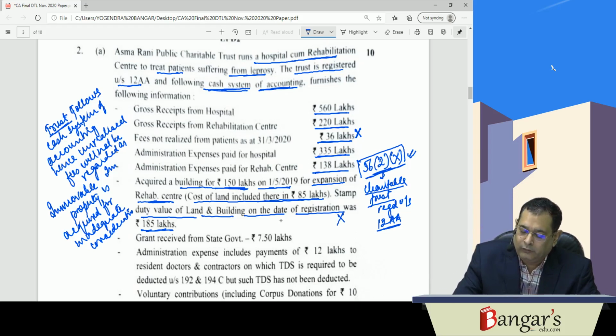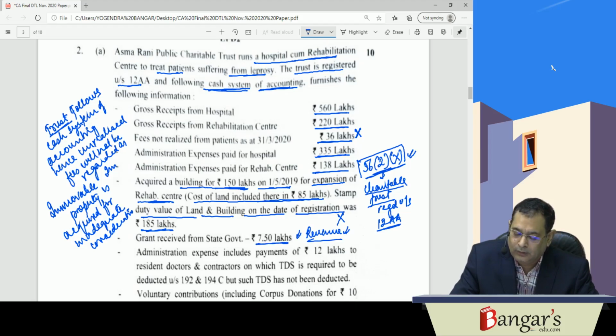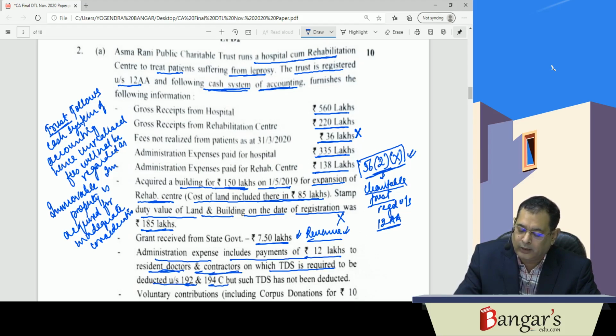Then grant received from state government, we presume that they are revenue in nature and same will be regarded as income. Then we have administrative expenses including payment of 12 lakhs to resident doctors and contractors on which tax is required to be deducted under 192 or 194C. But such tax has not been deducted at source.